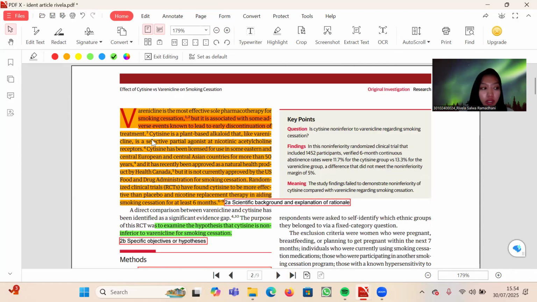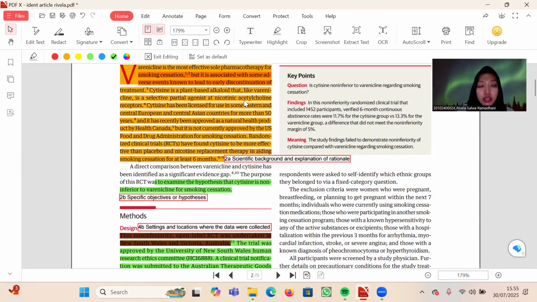For 2A, the background and rationale: varenicline is the most effective pharmacotherapy for smoking cessation, but it is associated with some adverse events known to lead to early discontinuation of treatment. Cytisine is a plant-based alkaloid that, like varenicline, is a selective partial agonist at the nicotinic acetylcholine receptor.